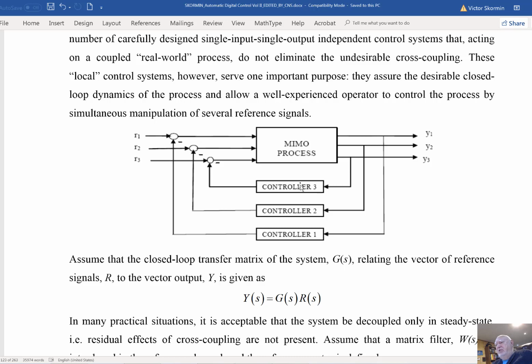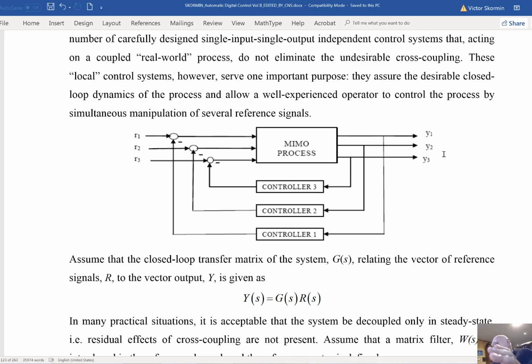They are conventional controllers. Controller number 1 affects only the dynamics of the output number 1. The effect of other control efforts on output number 1 will not be eliminated by a control loop like this.